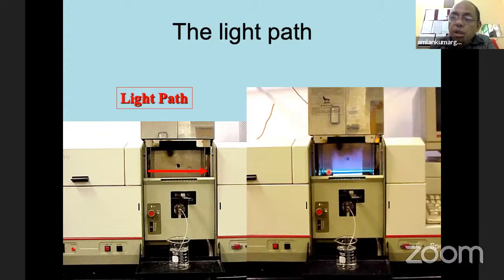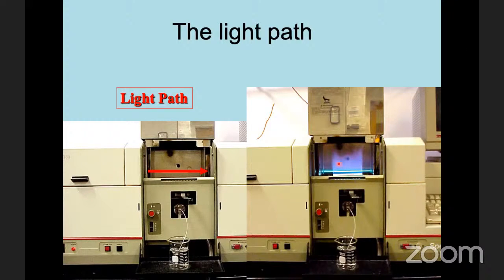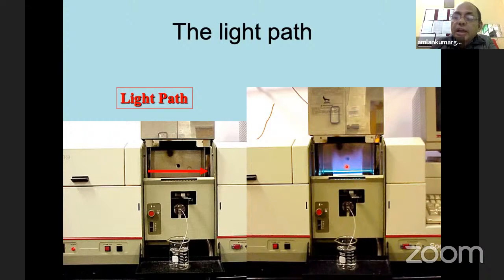Here we do not do that. Here, even with all our efforts, 99% of the atoms will be in the ground state. And these ground state atoms can absorb light of their own specific resonance wavelength.